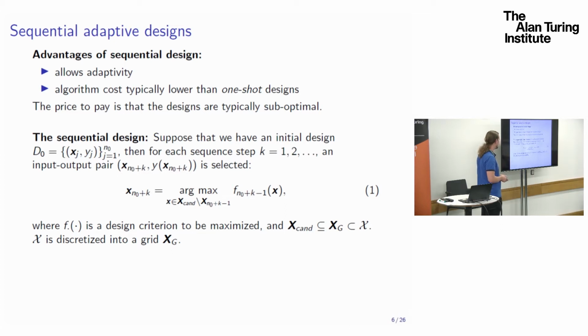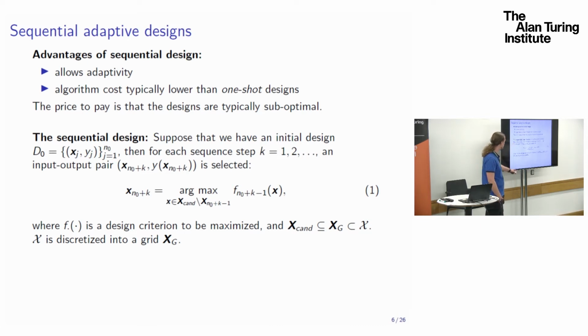Okay, so the sequential design algorithm is the following: you are trying to find the argument for the maximum of some objective function f. This f is changing as you go, so in each iteration k you are going forward and changing your design criteria because you learn something about what would be the best point to choose. Some notation: D0 is the initial design.